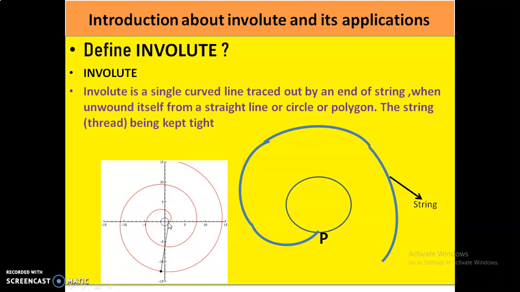Okay. So once again listen. Involute is a single curved line traced out by an end of string when unwound itself from the straight line or circle or polygon. So here is one condition: the string or thread, whatever it is, is kept tight. Then whatever curve we get, that is called involute. I hope you understand.